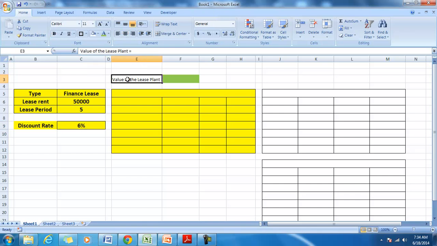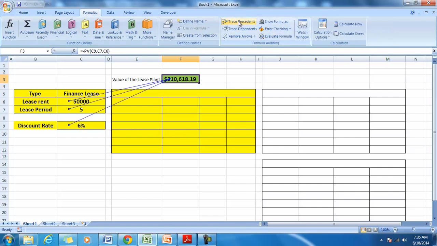So the value of the leased asset and the corresponding liability will be the present value of 50,000 for 5 years discounted at 6%. We got this by using the PV function of Excel. So the value of the asset and the corresponding liability on the balance sheet is 210,618.